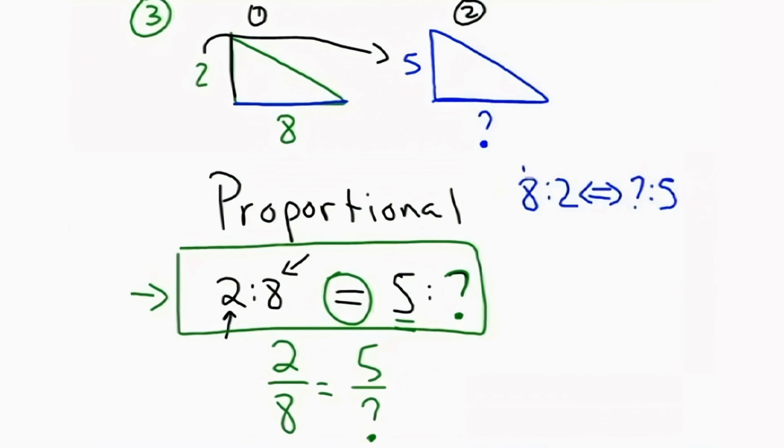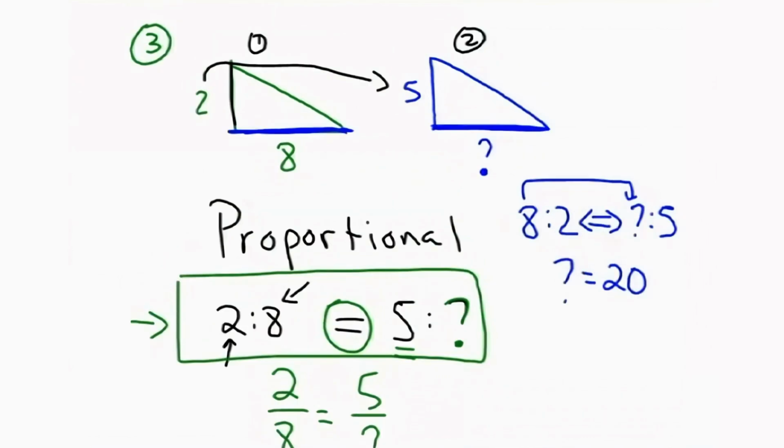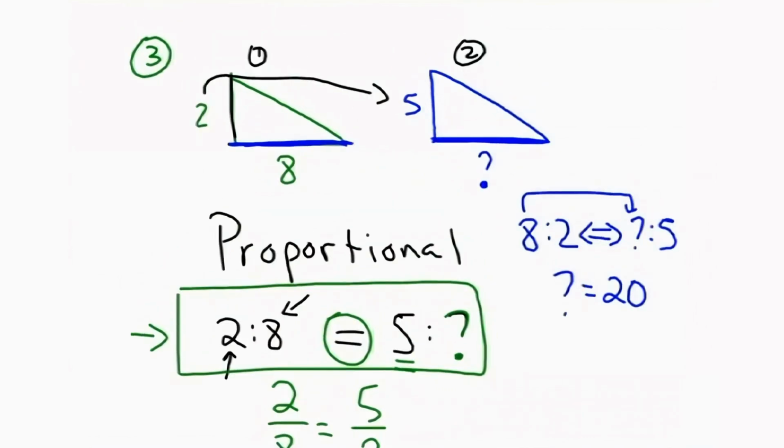As long as the first things written are the parts that correspond, solving that ratio will still give us that the value of the unknown is 20. So that should give you an idea, and a little refresher, on ratio and proportion and how they work.